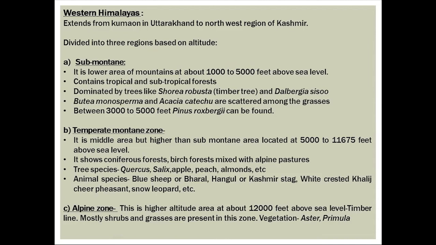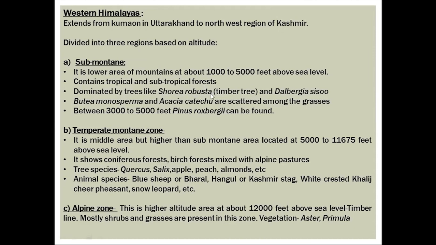Submountain zone is the lower area, from the name itself you can say it is below the mountain. So here it is a lower area of the mountain at about 1,000 to 5,000 feet above the sea level. It contains tropical and subtropical forest, because altitude is low. So which kind of trees are found?